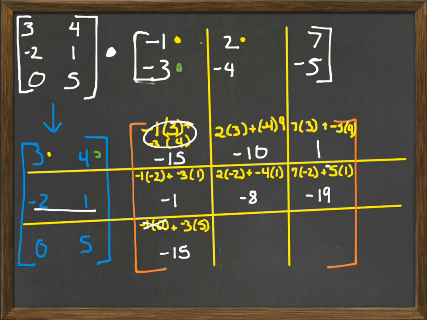I have 2 times 0 plus negative 4 times 5. Anything times 0 is gone, so that gives me negative 20. Let's do the next one: 7 times 0 plus negative 5 times 5. That gives me negative 25, because that 0 cancels out.